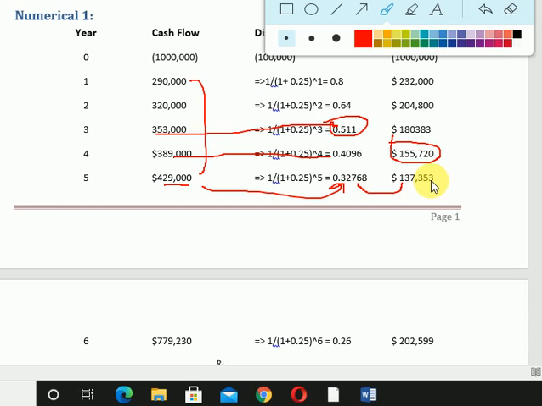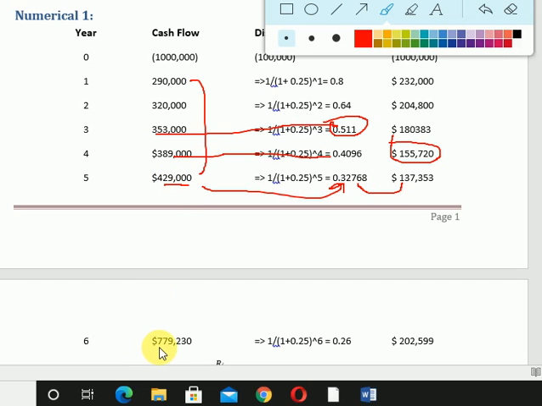Or simply, if today I have 1,37,350 and invest it at a 25% return or discount rate, after 5 years it will equal 4,29,000.